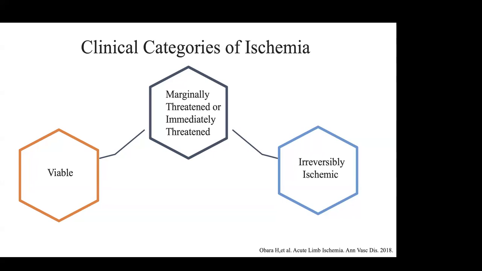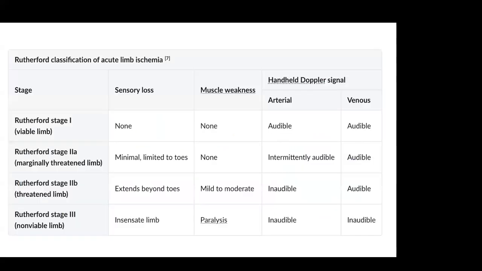Then going to the clinical categories of ischemia, there is Rutherford's classification of acute limb ischemia, wherein it has been classified into 4 stages. Stage 1 being the viable limb, stage 2A being marginally threatened, 2B being the threatened limb, and stage 3 being the non-viable limb.